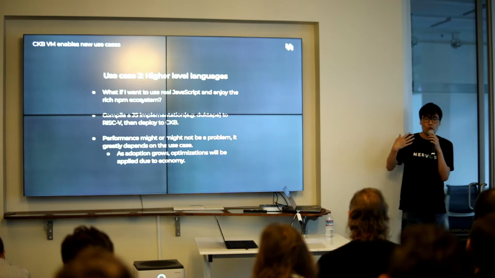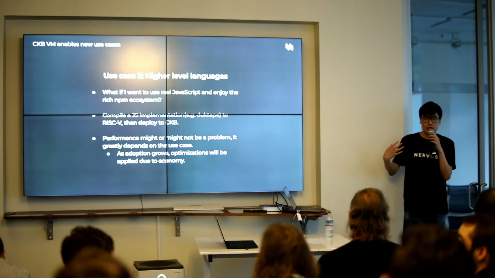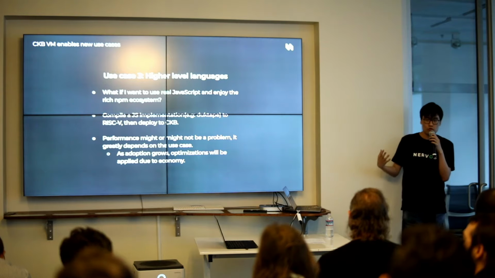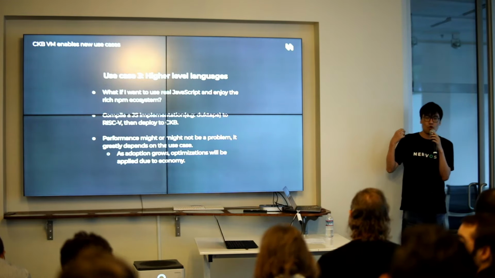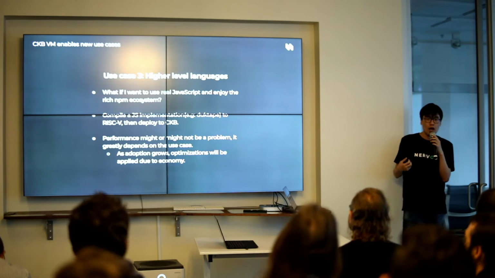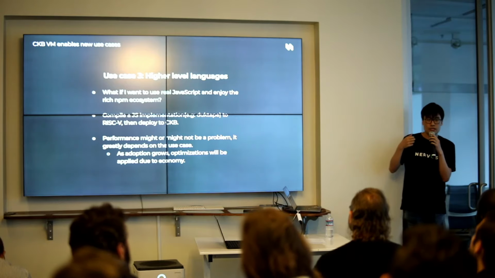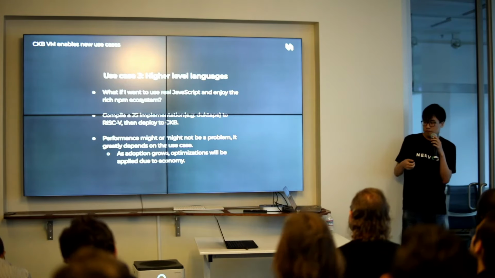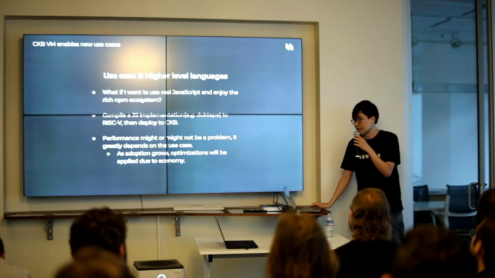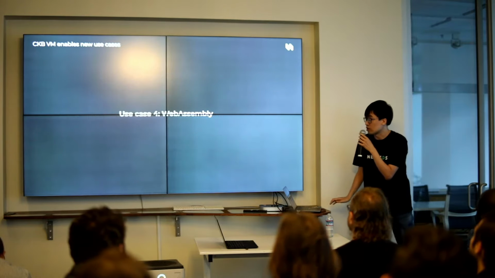And then as more and more users adopt this JavaScript thing, the community might develop better solutions to make this more efficient and more performant. And as this grows, things will definitely get faster and faster. And it might not be standing in your way any longer.